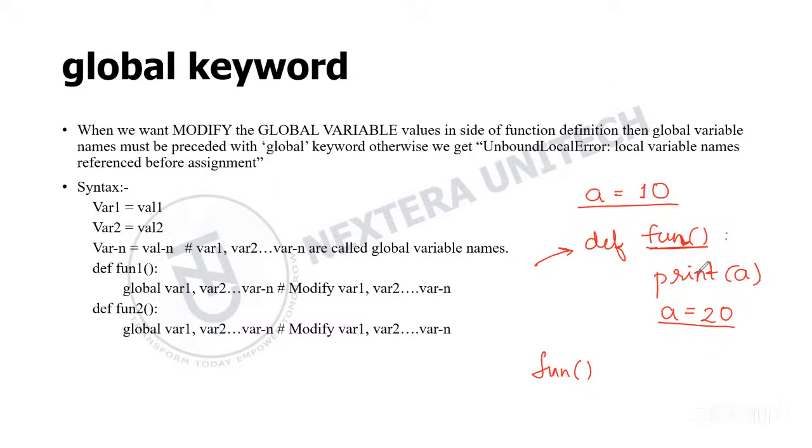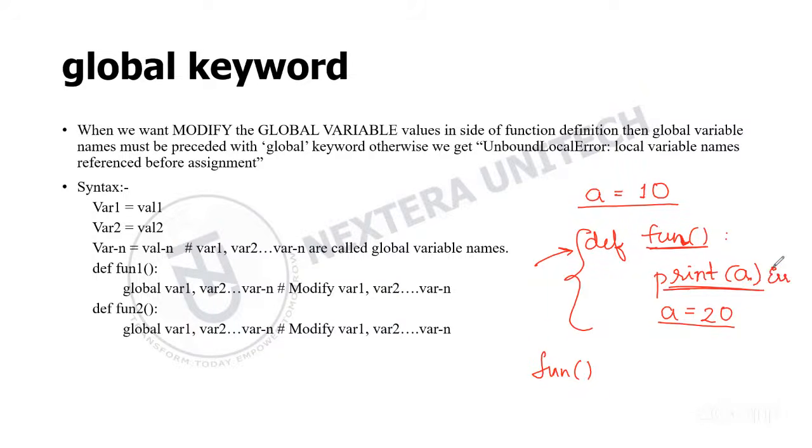But as you're printing a here, you're trying to print before assignment. Before this line we don't have any a definition, like we didn't assign any value to the variable, right? We assigned it afterwards. So as the assignment comes after the print, when you try to call this function, we will get an error.